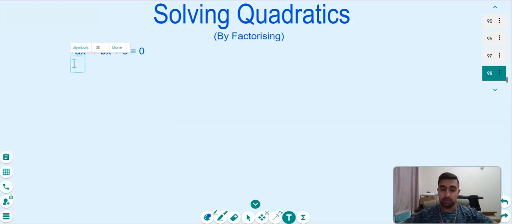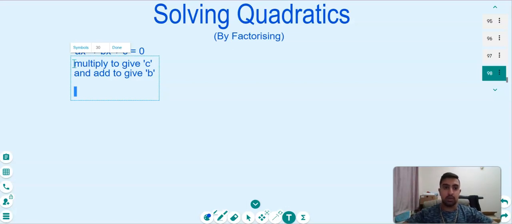We're looking for two numbers that multiply to give c, and also add to give b. And then once we've found those two numbers, we put those into separate brackets, and from there we can solve.